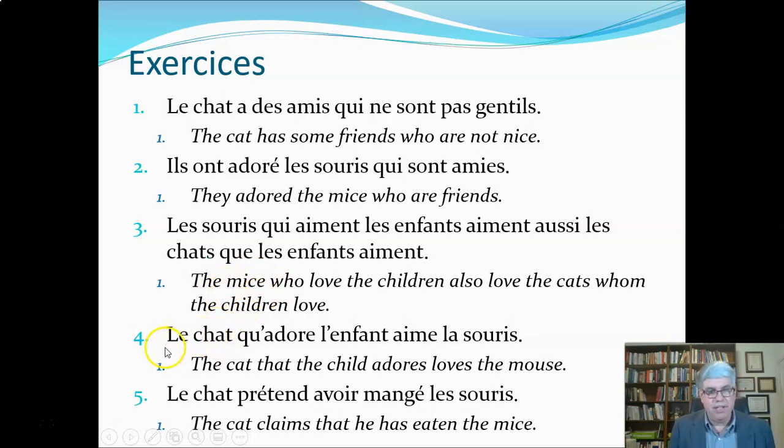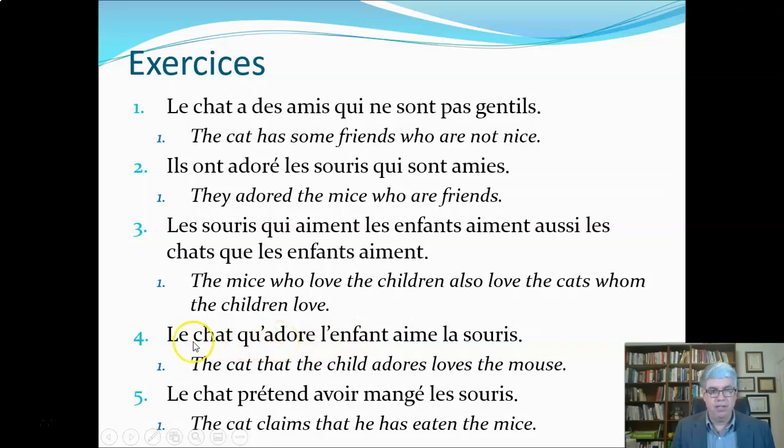Okay, next one. Le chat qu'adore l'enfant aime la souris. Okay, vocabulary is not difficult. So the cat, now we've got que, meaning, let's try that, but it's in front of a verb, so that means it's going to be the direct object that adores the child. Now, it's not the cat that adores the child because the cat is going to be what is adored.